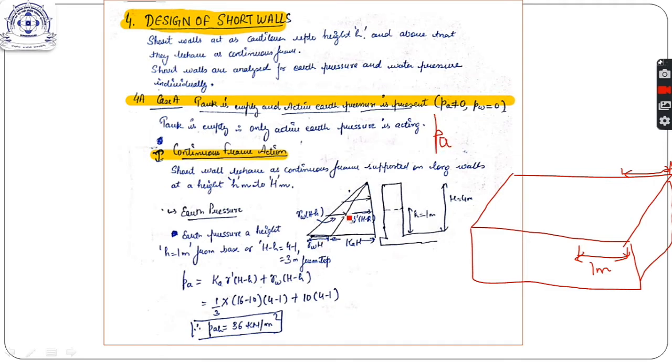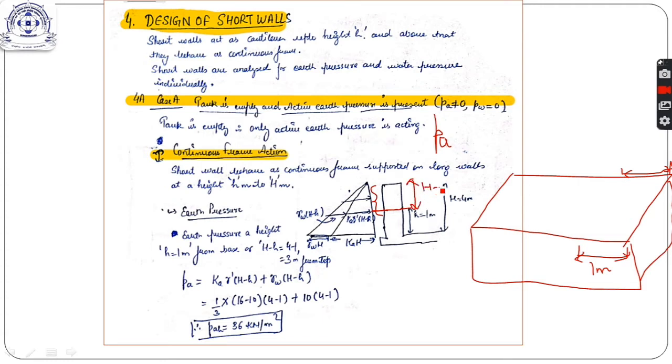As calculated previously, this is the lateral active earth pressure diagram for the whole tank wall. First, as we did in the rectangular tanks with L by B less than 2, when continuous frame action was acting on both the walls, we first design with continuous frame action and then with cantilever action. In the continuous frame action, the upper portion is acting, that is up to this height, H minus h.